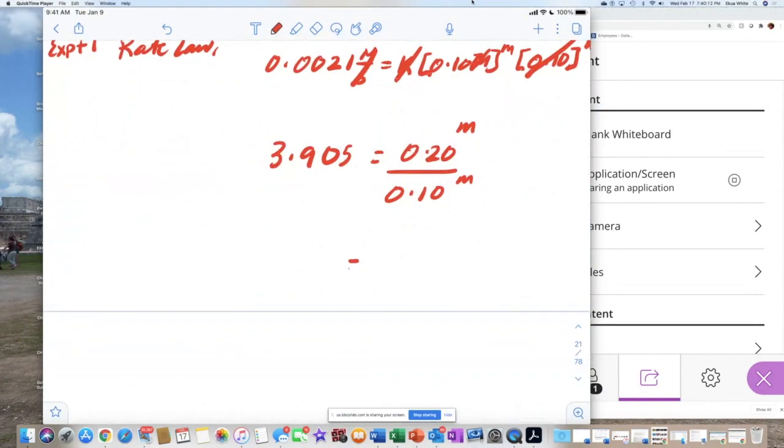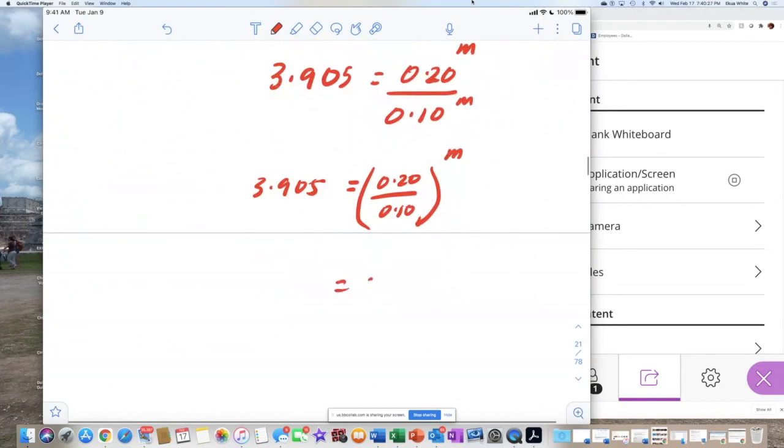So we're going to consolidate these two. They become 0.20 divided by 0.10, and then the exponent applies to the base number, 3.905. Now this ends up being 2 power m, and this number is close to 4. You can round up to 4.